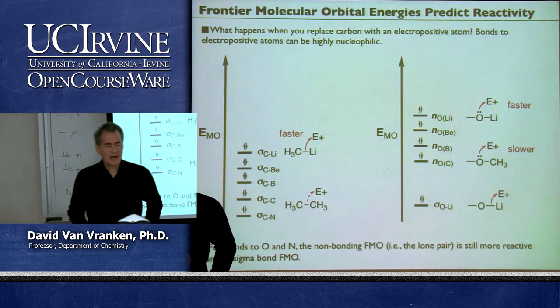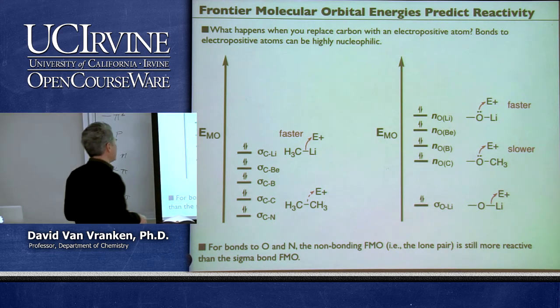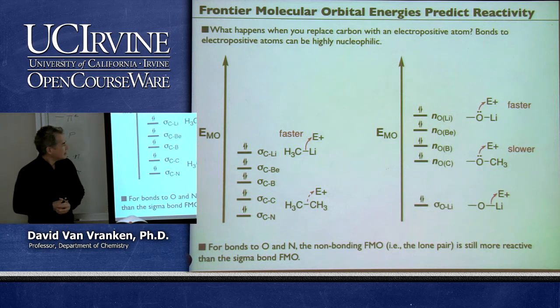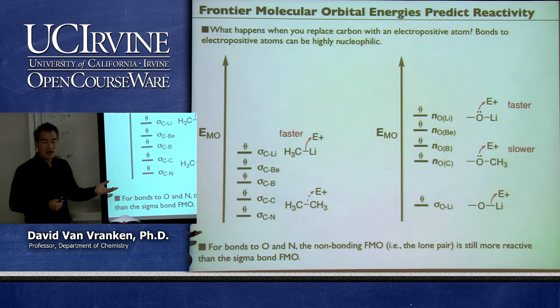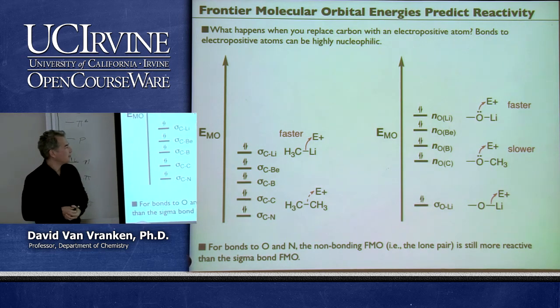And let's talk about bonds to carbon, single bonds to carbon. When you draw out a bond to carbon between carbon-nitrogen or carbon-lithium or carbon-boron, those are just not very nucleophilic orbitals. The pi bonds and the lone pair orbitals are way up high in energy and very nucleophilic.